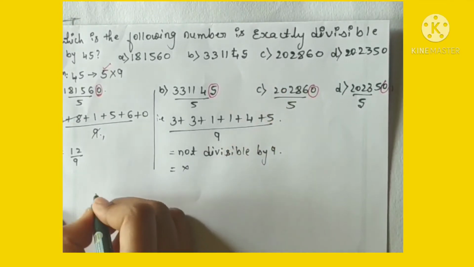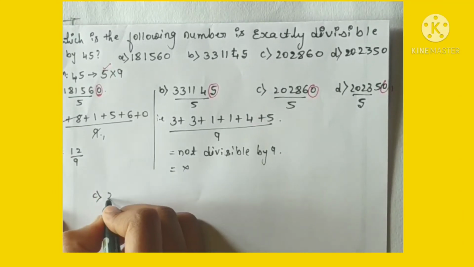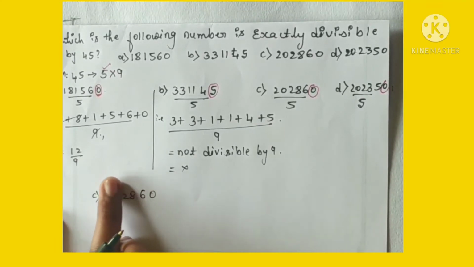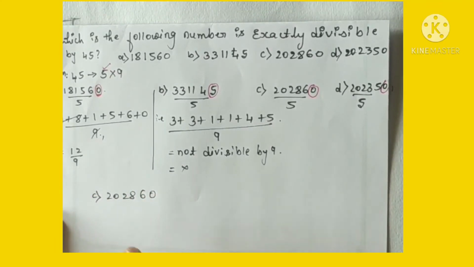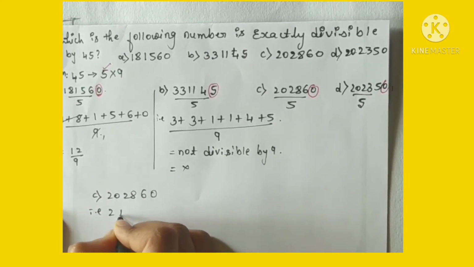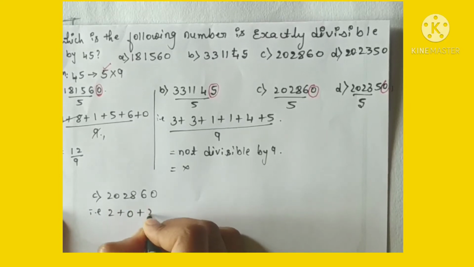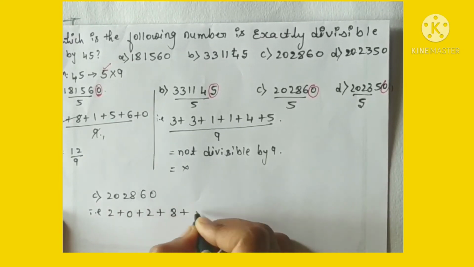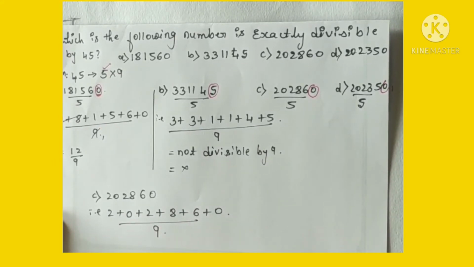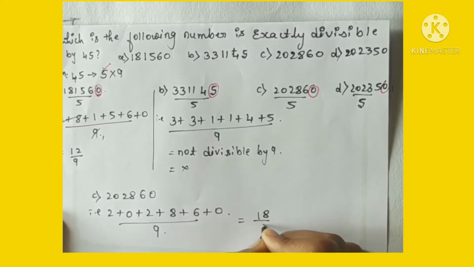I just go through option C, 202860. This option satisfies the divisibility rule of 5, but we have to check the divisibility rule for 9. So that is 2 plus 0 plus 2 plus 8 plus 6 plus 0 by 9, which is equal to 18 by 9. 9 ones are 9, 9 twos are 18.